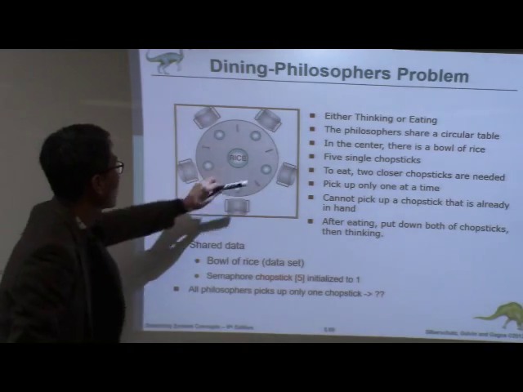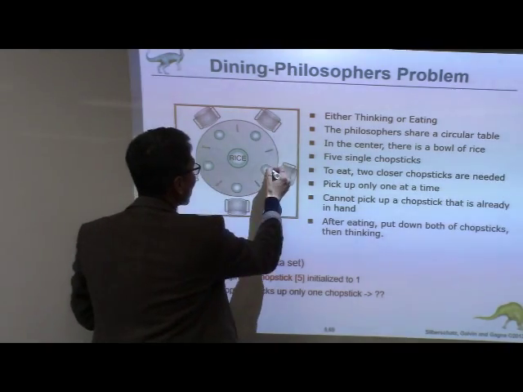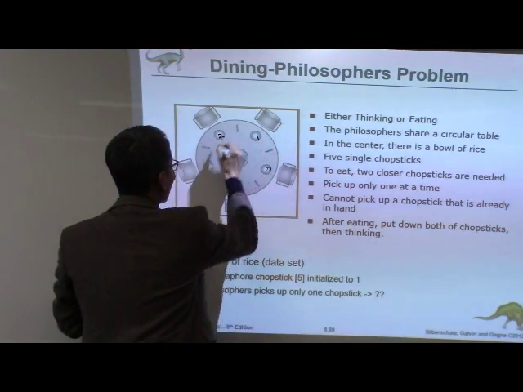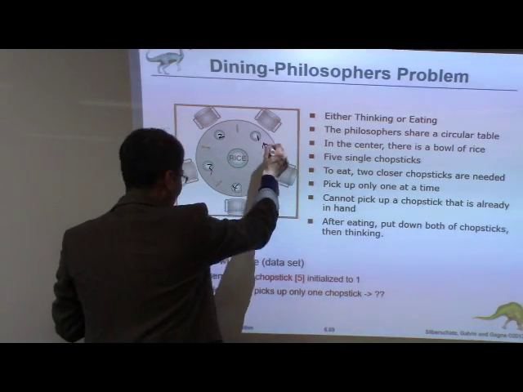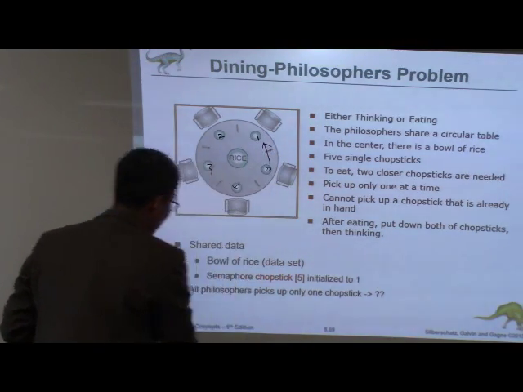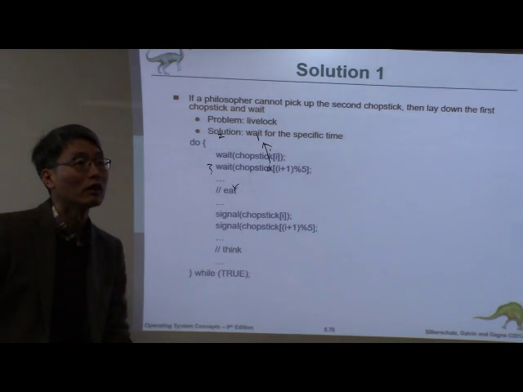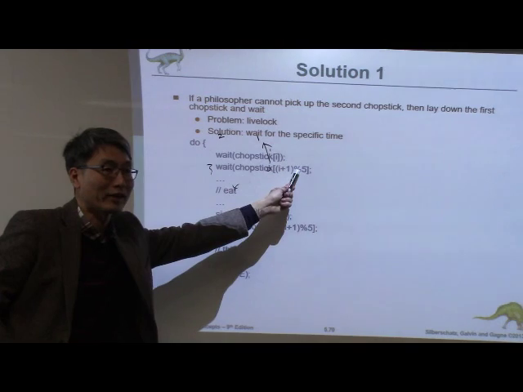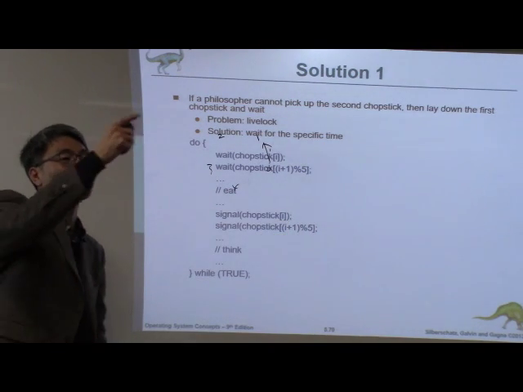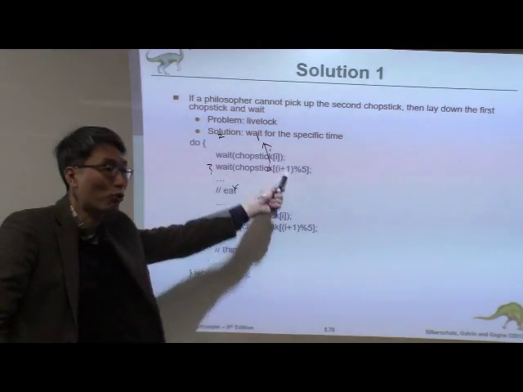In this case, it's 0, 1, 2, 3, 4. The next one is I plus 1. You understand why we need this? Because 0, 1, 2, 3, 4, 0, 1, 2, 3, 4, modular, right?